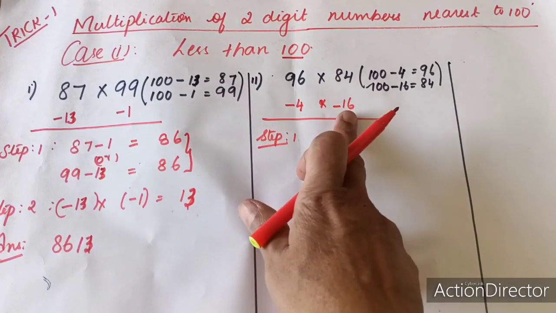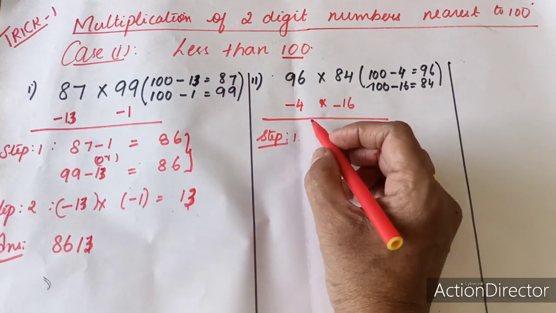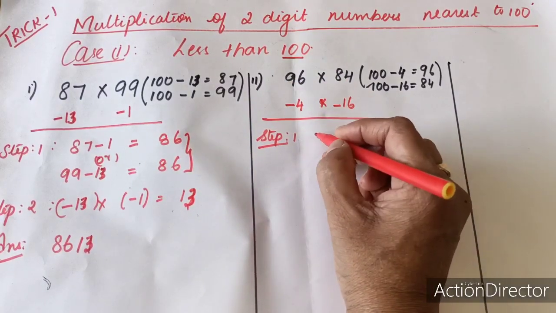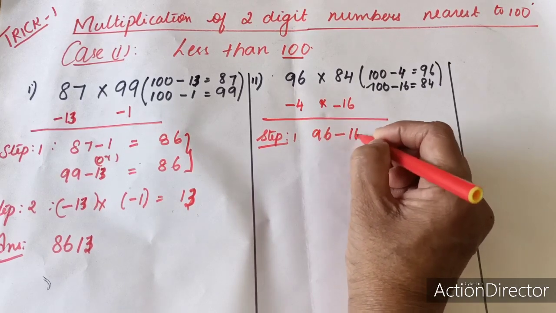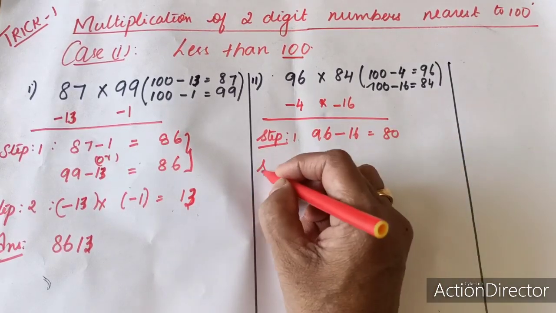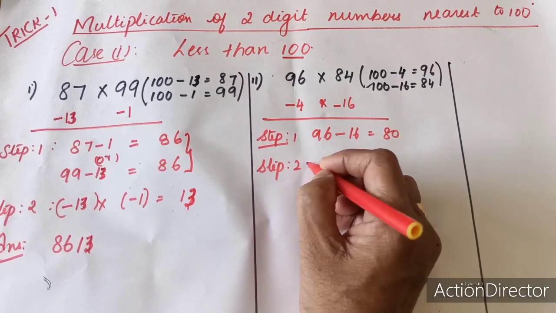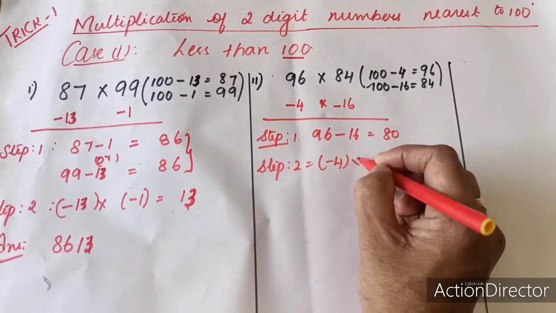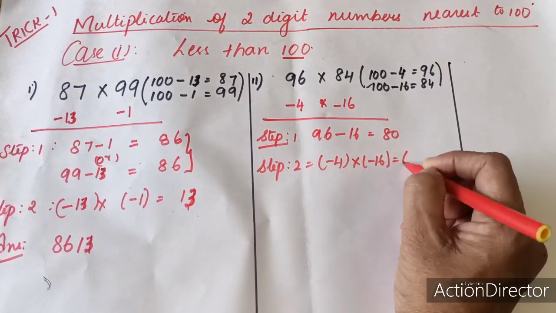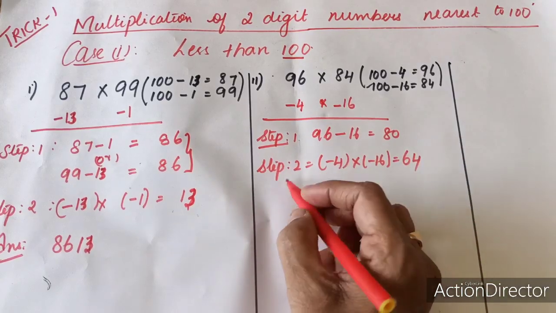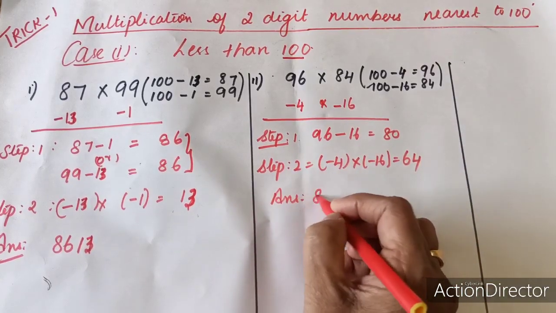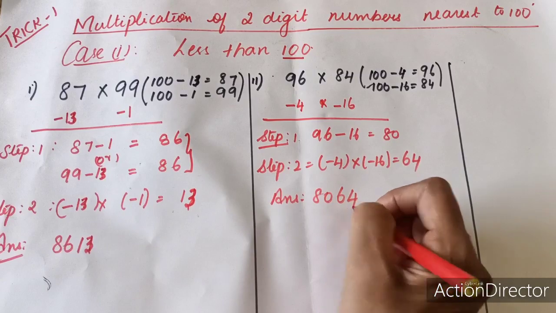So 96 minus 16 is equal to 80. And in step 2, I will multiply minus 4 into minus 16, which is equal to 64. So my answer is 8064.